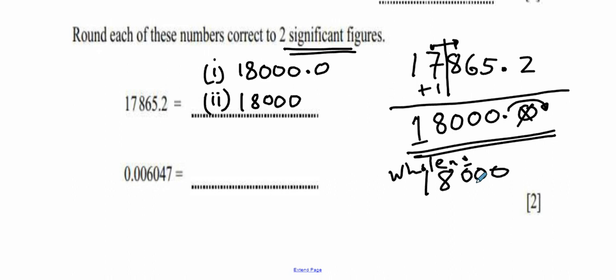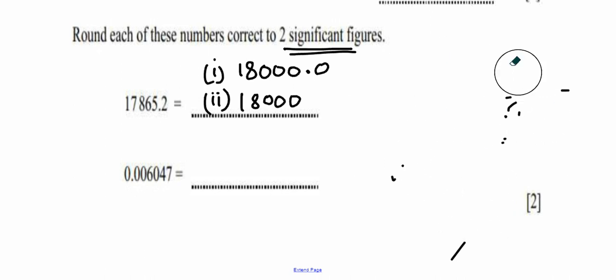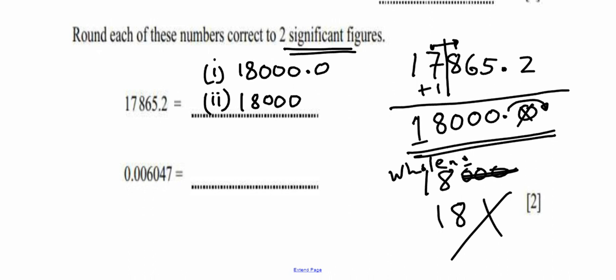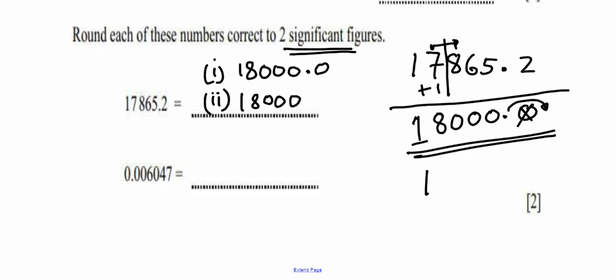This is a whole number. Never cancel the zeros and write the answer 18. This is an incorrect answer. All right. So you can pause the video and take a good look at that.